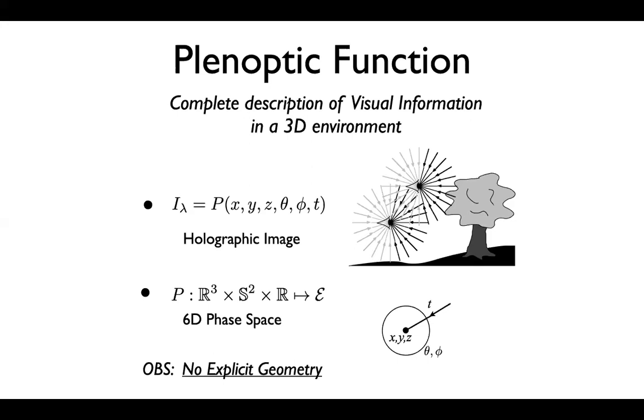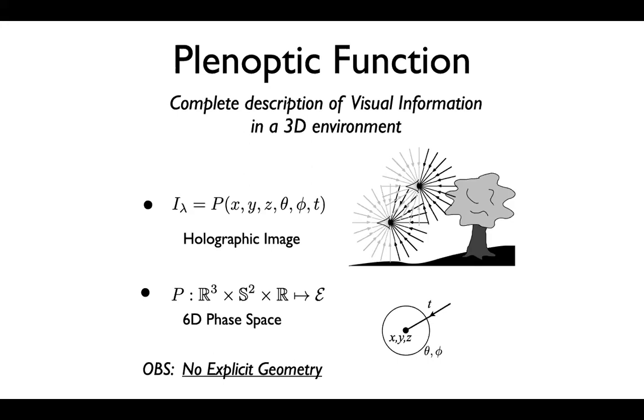This completely describes all the visual information that exists in the world. You see this as a volumetric description. Here, we are not talking about explicit geometry, surfaces, or objects. It's basically the whole space and how radiance energy exists in the ambient space, right?